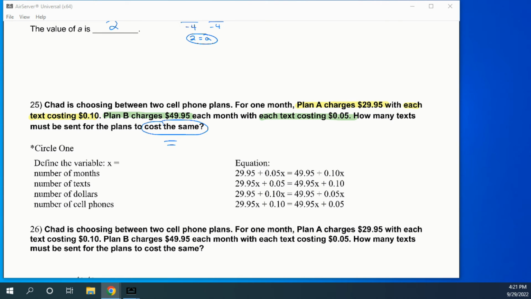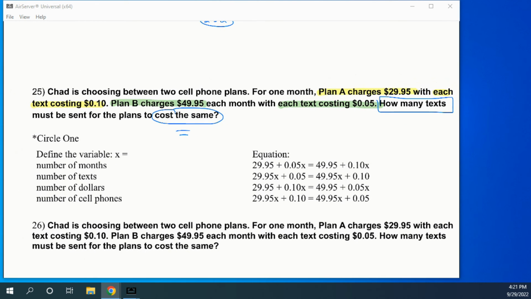Okay, so we need to first decide or define the variable. So what's missing? It says how many texts. So always look for how many, how much. So I'm just going to circle what we're missing, how many texts. So the number of texts is what we are missing.